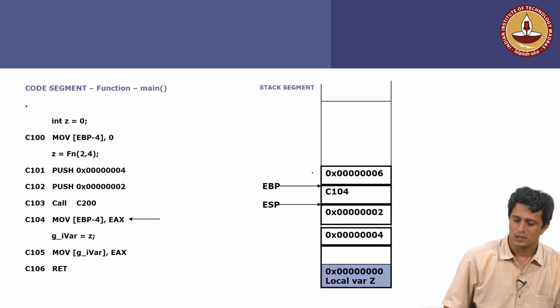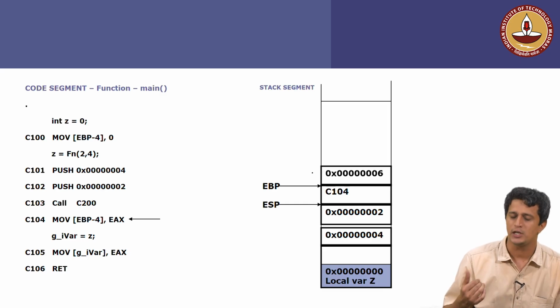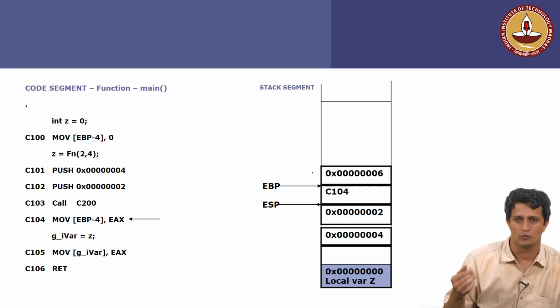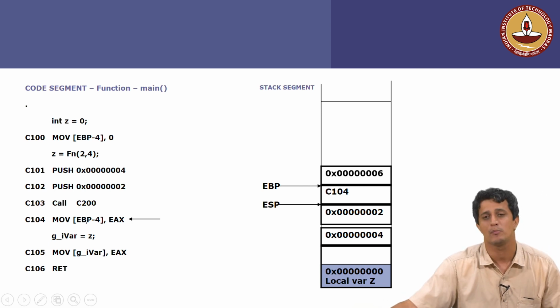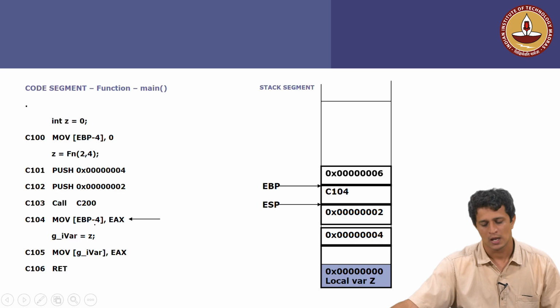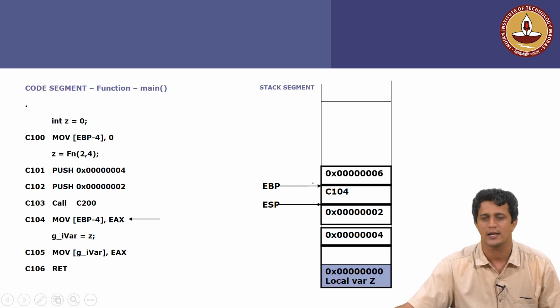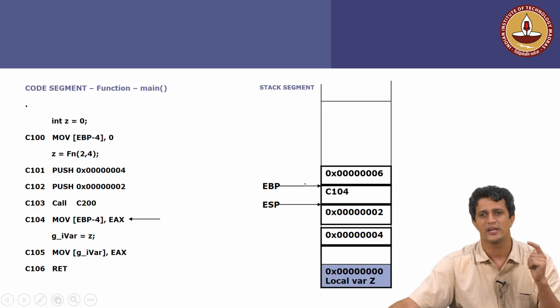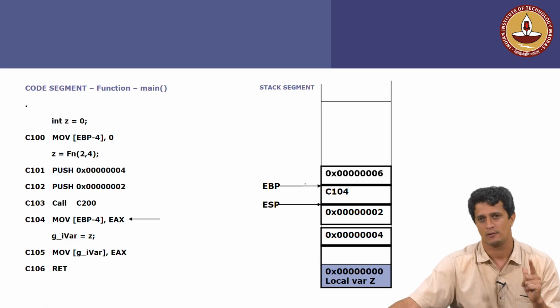So after returning from the function fn, I now need to load the return value which is x plus y, which was going to be stored in EAX, into my local variable z, which is addressed by EBP minus 4, okay. Now the issue is clearly EBP is now pointing to the local variable space of fn.